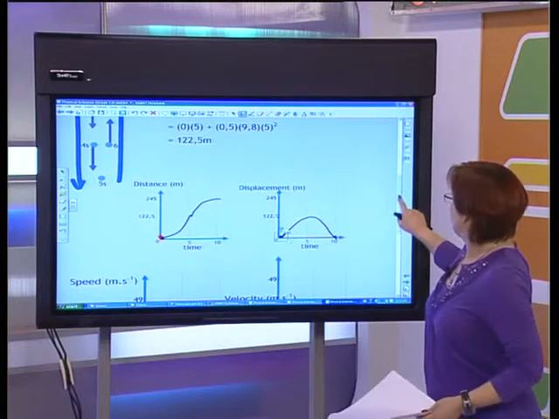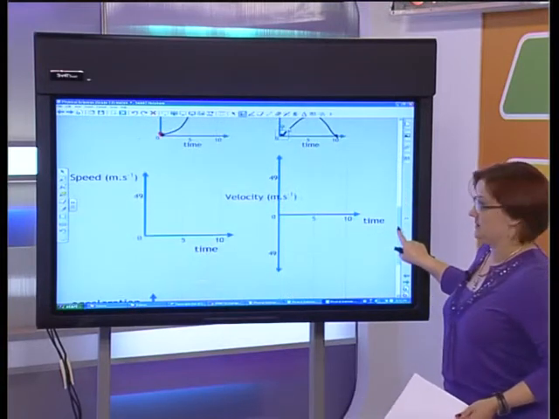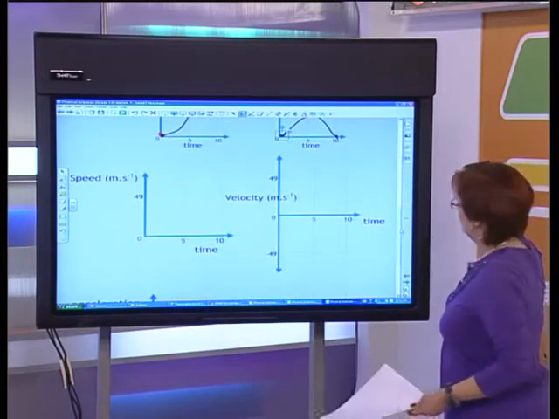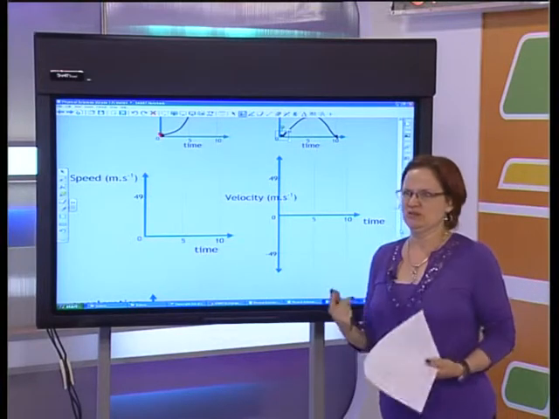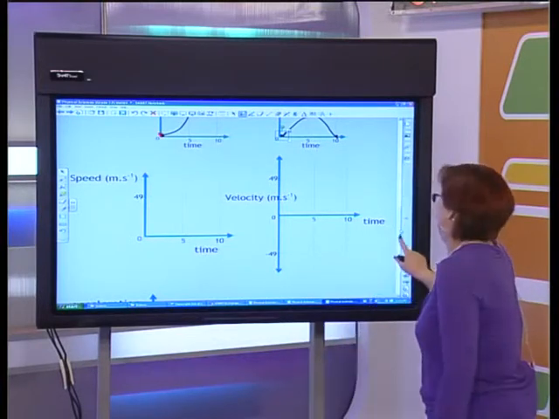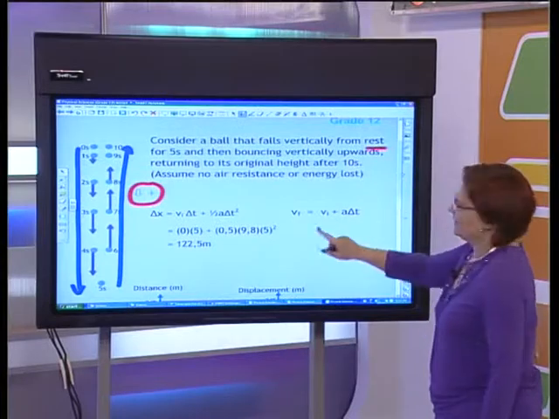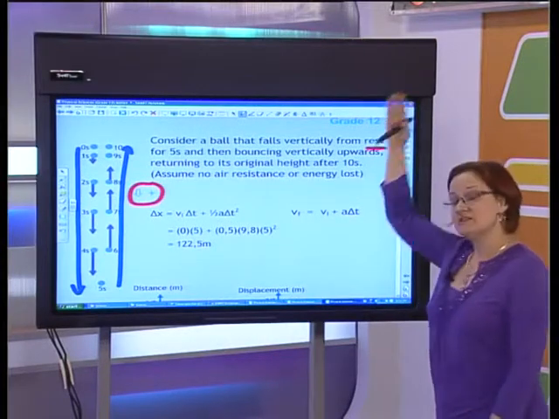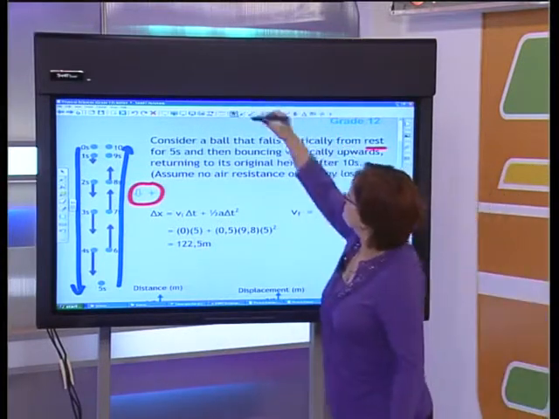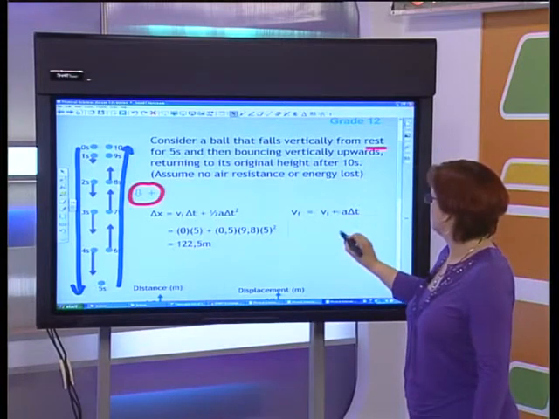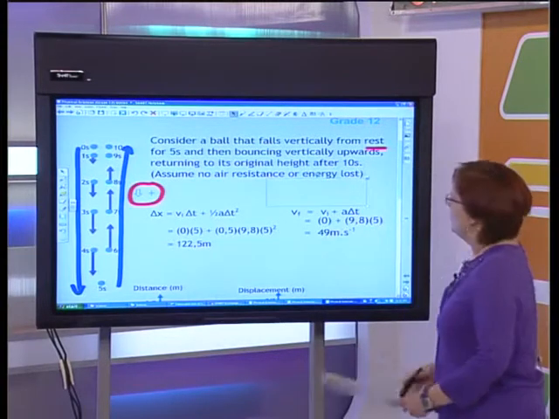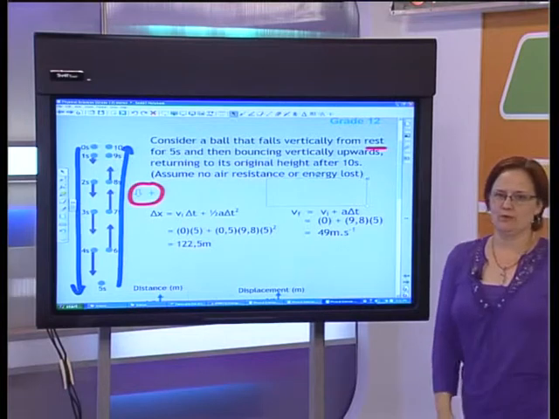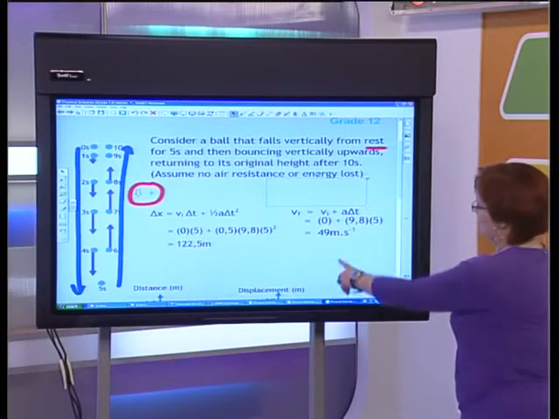Now, the next graph is the speed and velocity graphs. Now I've already pre-prepared these, and you go, well, I only know one speed. It started from rest, which means I need to work it out. Once again, I'm only taking one direction. So when I do this one, we work it out, and this is where working with 9,8 is a real pain because we get 49.